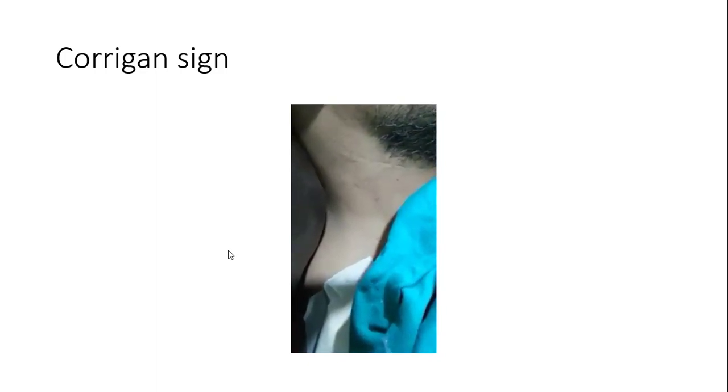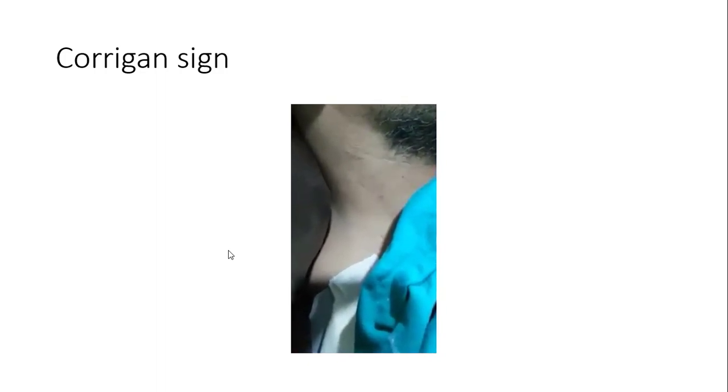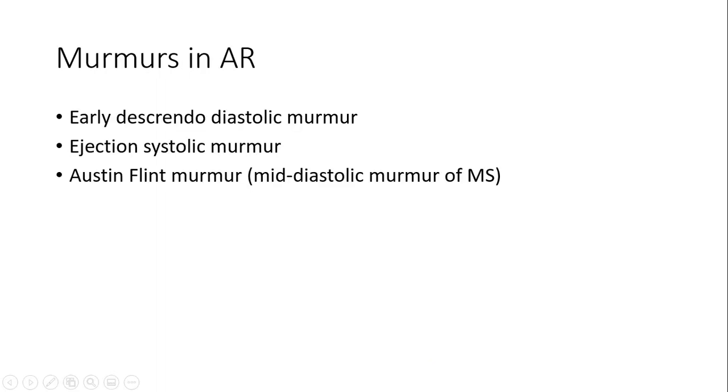The main physiologic basis of all these signs is the increased stroke volume. There is an early decrescendo diastolic murmur, which is best heard at the right sternal border, and you can even hear an ejection systolic murmur, which is due to the increased stroke volume.